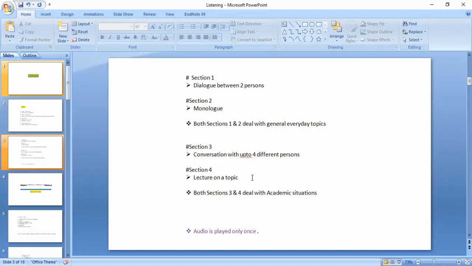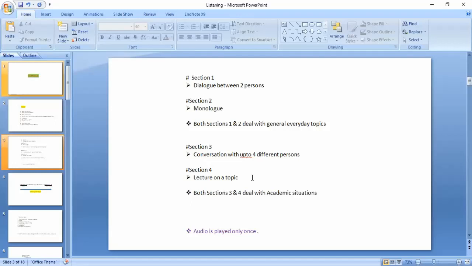For example, newly arrived students in the UK or other universities might ask a friend where the library is or where the accommodation is. Where can we find cheap accommodation? Where can you find the hospital, a police station, or the grocery store? So these types of dialogue happen in section one.